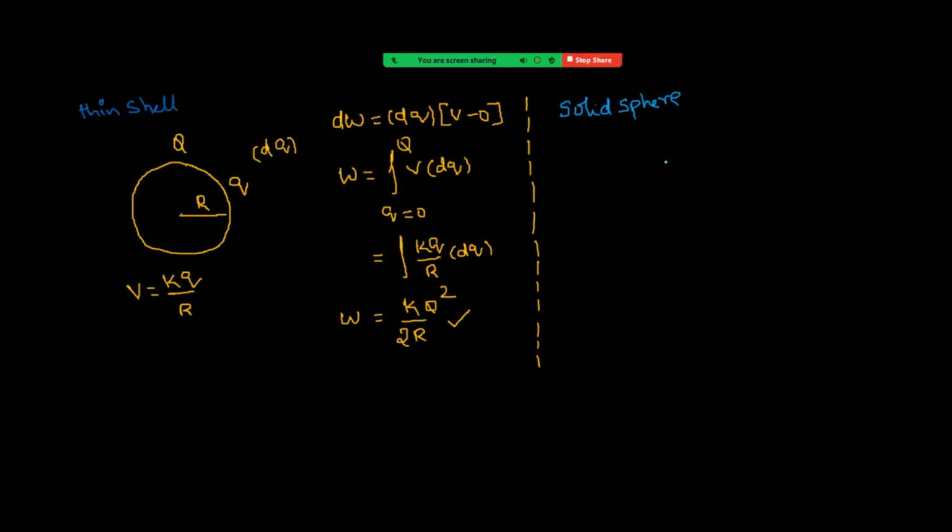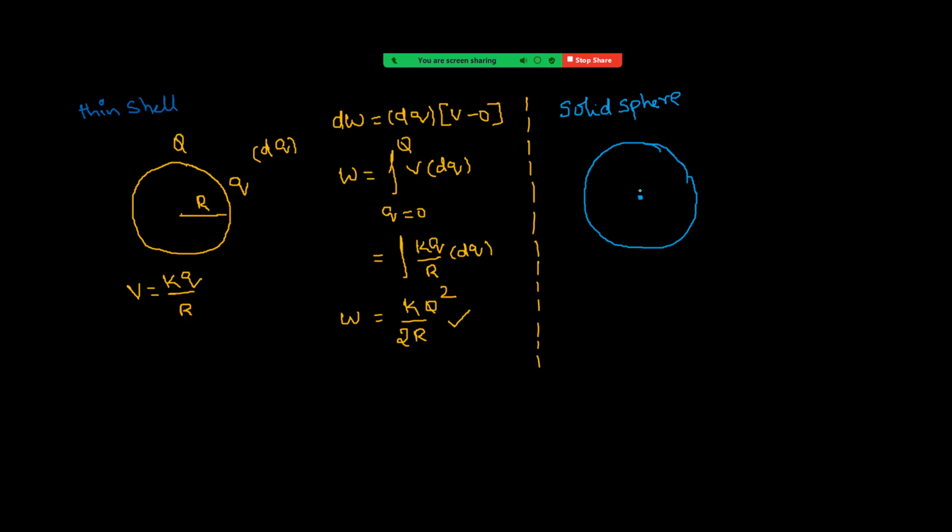See what we are doing here. We have charge in the entire volume and the distribution of charge is uniform. Now charging this body means initially no charge.